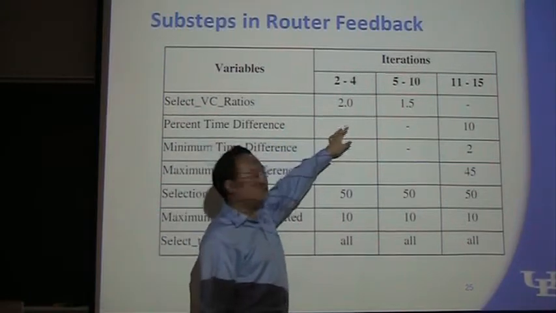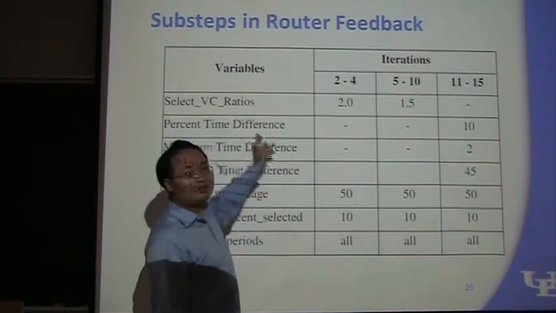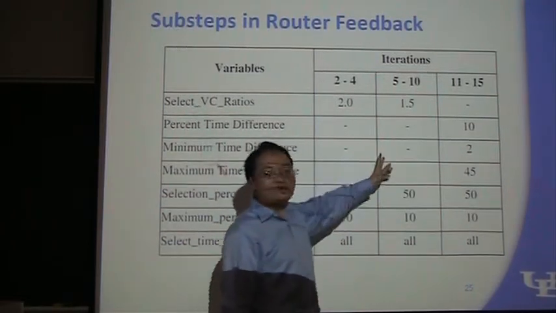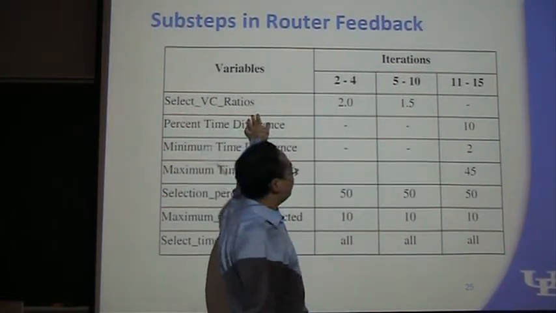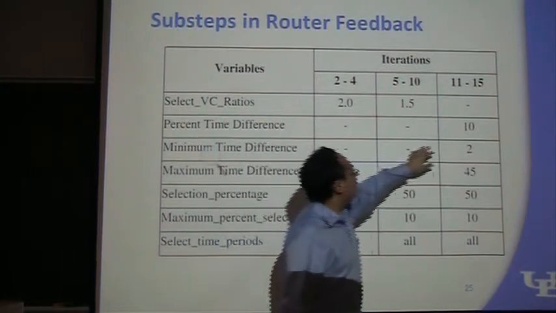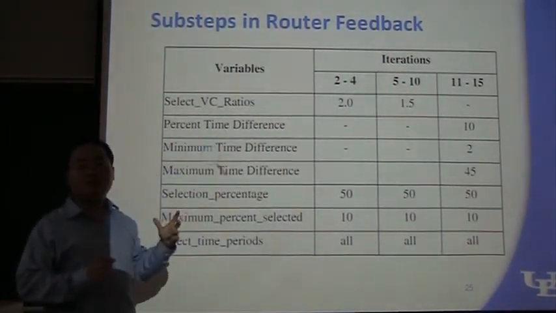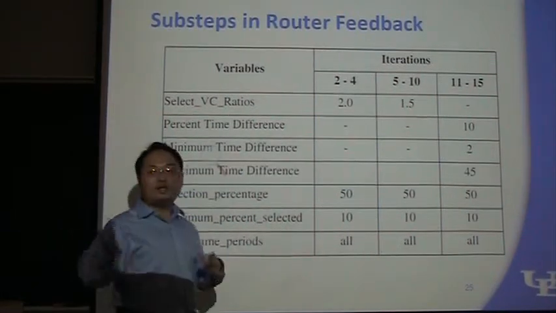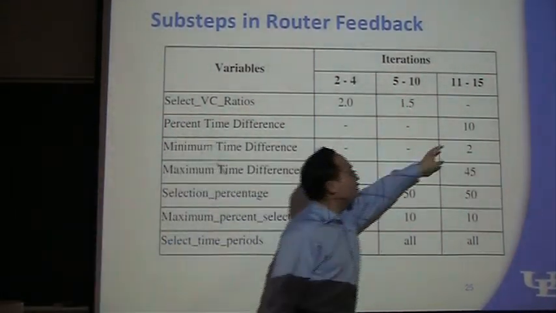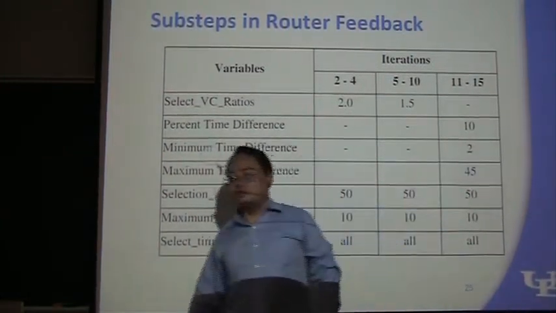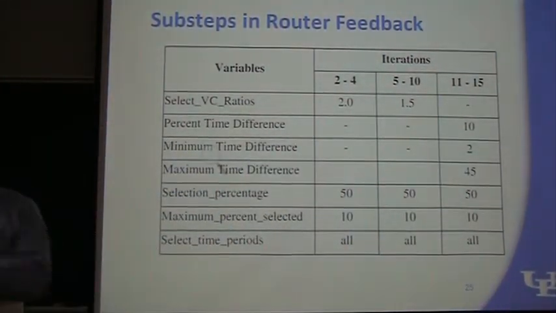And you will use 2.0 as the select V/C ratio. Then we use 1.5 as the list V/C ratio. Then we use 10% time difference as the criteria. So that's suggested. But in my version, I just directly start using this criteria, 10% time difference.